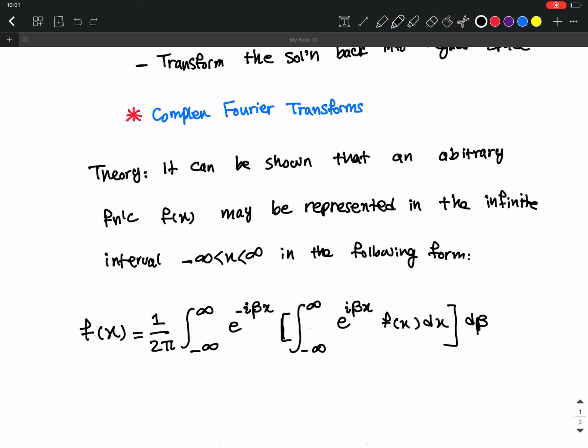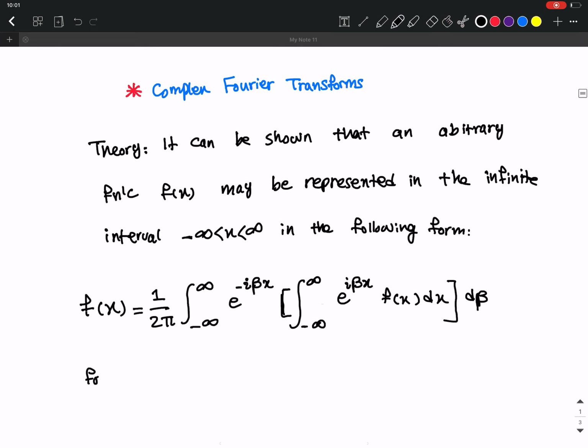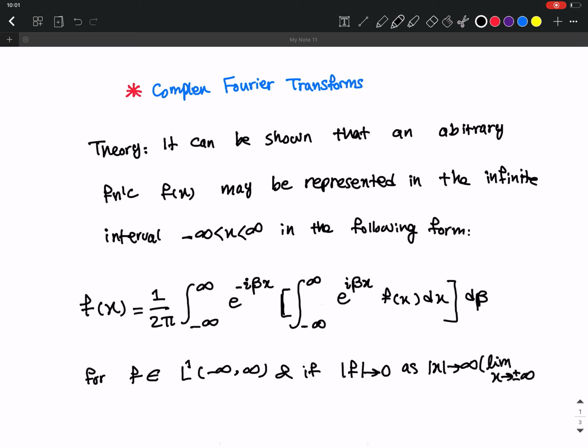So there is only one condition for this, and that is for f to belong to the L1 norm over minus infinity to infinity, and if the magnitude of f goes to 0 as the magnitude of x goes to infinity, or in other words, the limit of x to plus minus infinity of f(x) is 0.